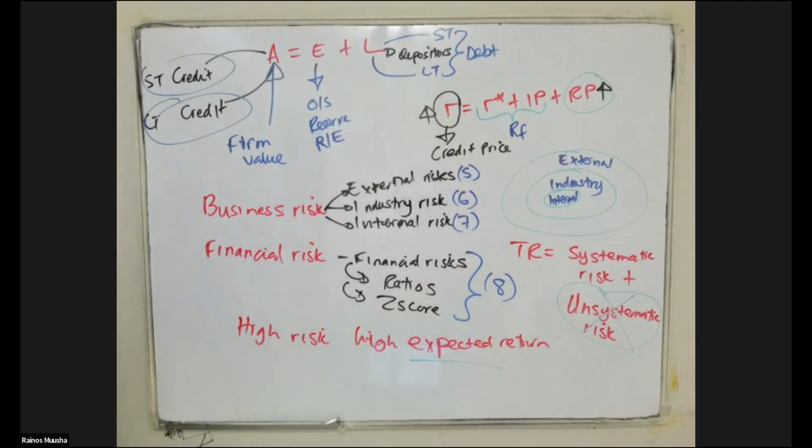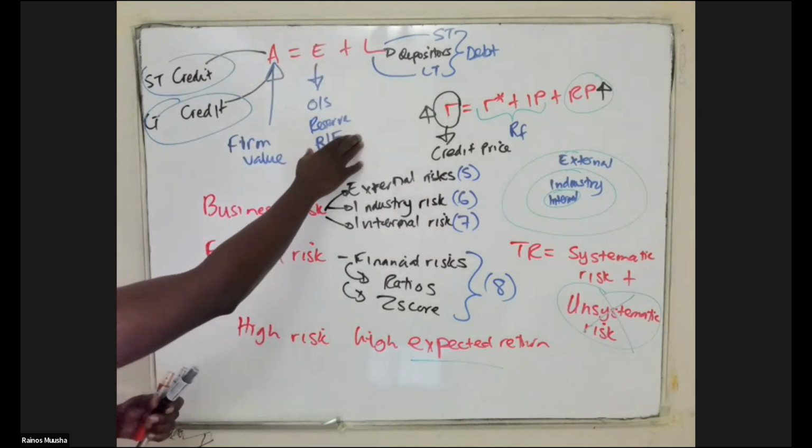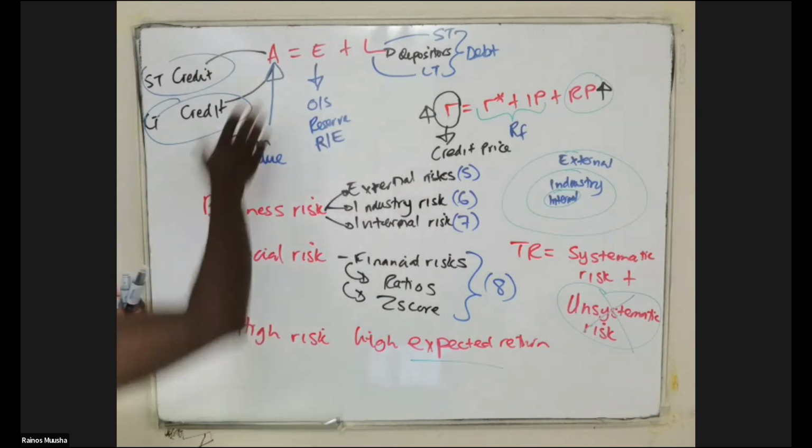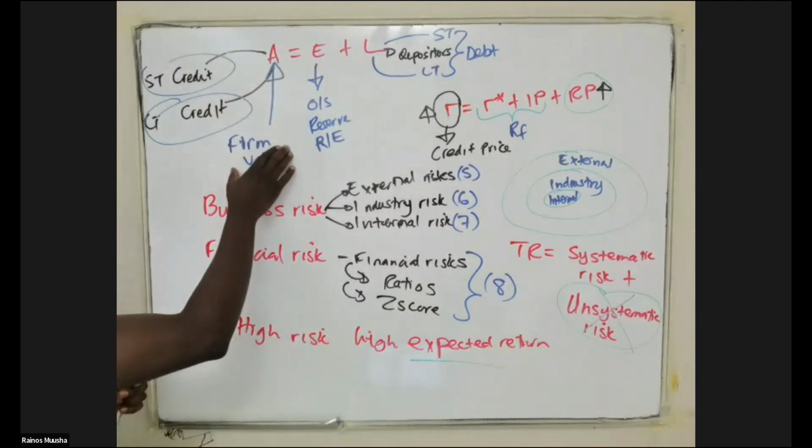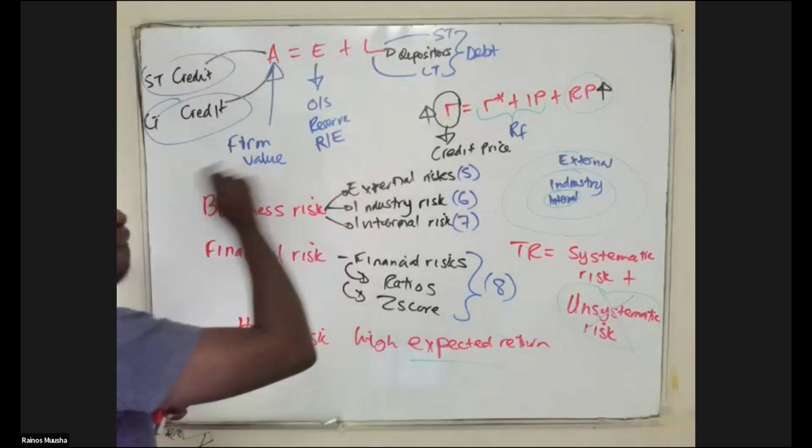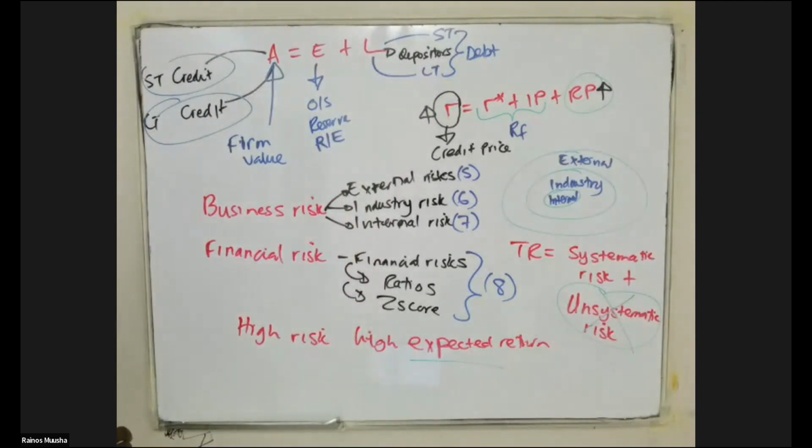we're now asking, how do we ensure that we have enough equity available so that any losses are going to be mitigated by equity?